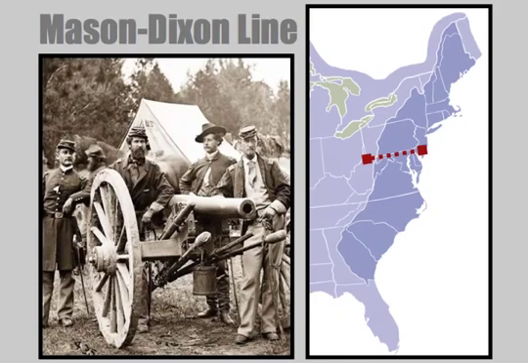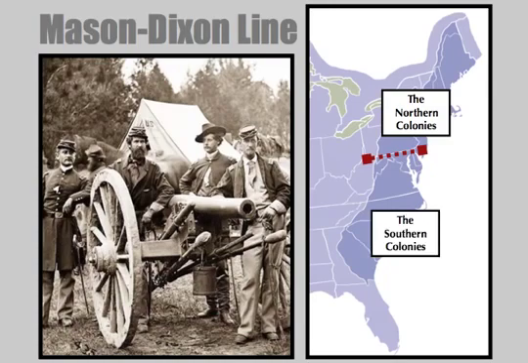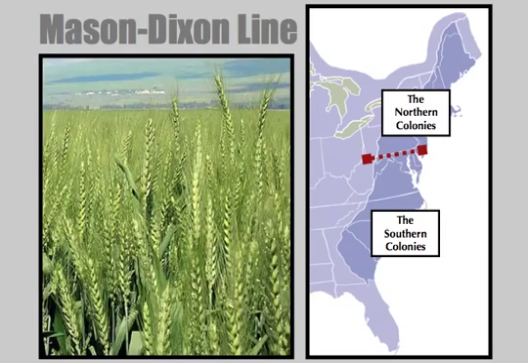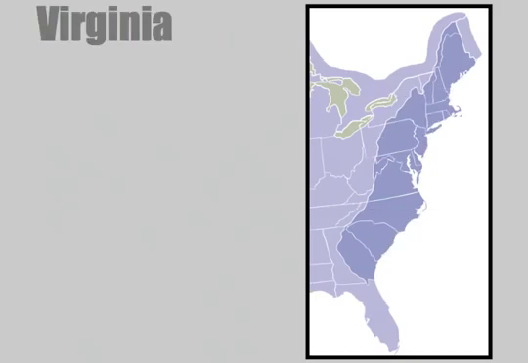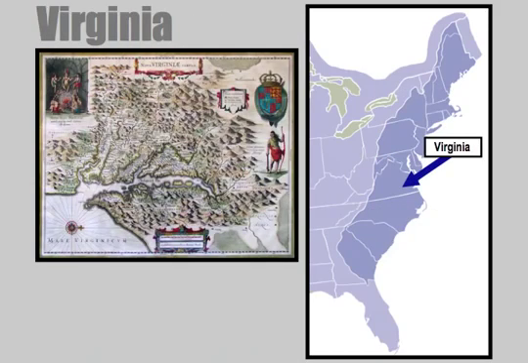For our purposes, though, the reason that I bring the Mason-Dixon line to your attention is because it shows the demarcation between the northern colonies and the southern colonies, which we'll be talking about today. In the southern colonies, we see a very different way of life developing. To illustrate this, let's talk about our first colony, which is the colony of Virginia.